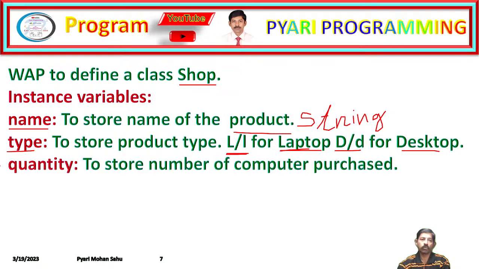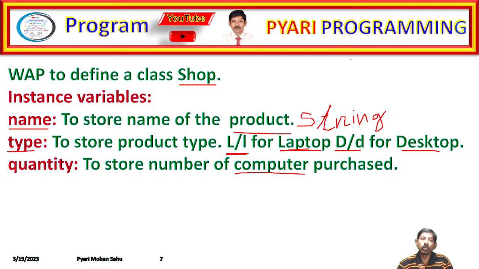Next, quantity, to store the number of computers purchased. कितना computer आपने purchase किया है. Now, if I will say that quantity is float, this time it is wrong, because it is talking about the computer as a product. Categorically वो बोल रहा है computer is the product that I want to use. Now, if I am going to use fraction value, I cannot say 2.5.